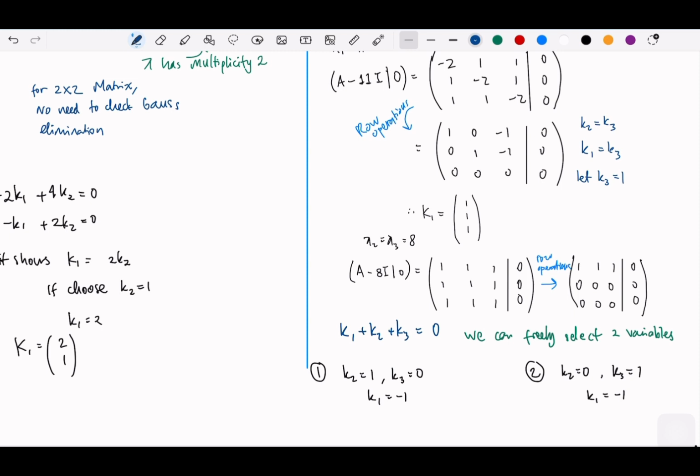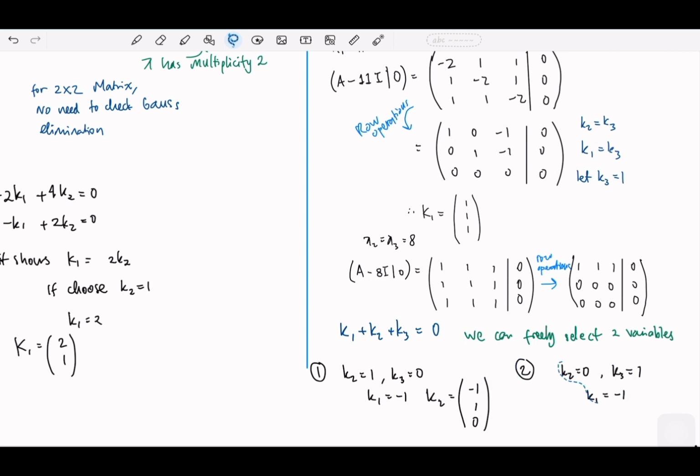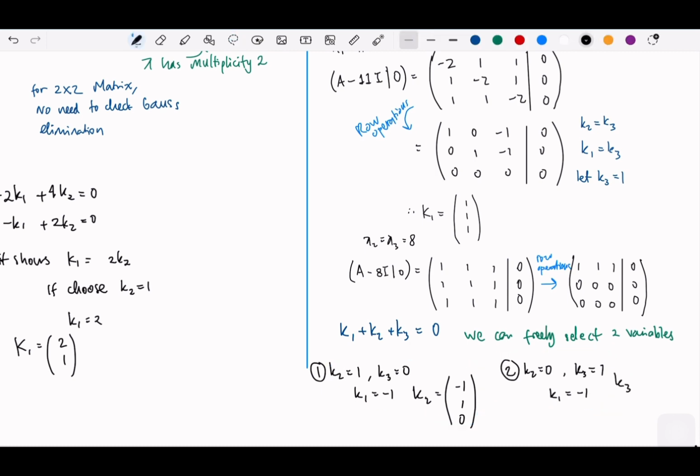Now the first one is, let's say, the k2. This will be -1, 1, 0, and the k3, or let me write k3 bigger, this should be also bigger. This will be -1, 0, 1.